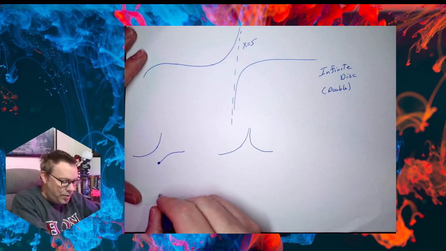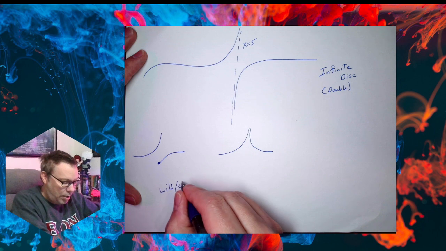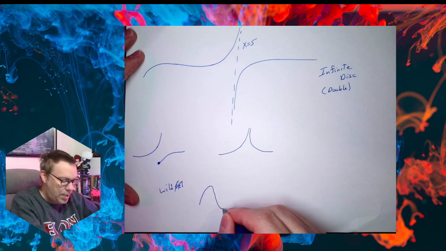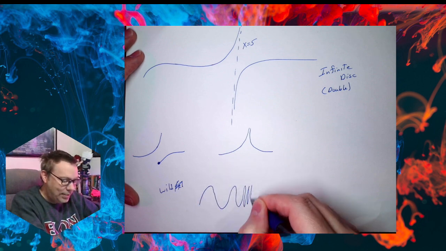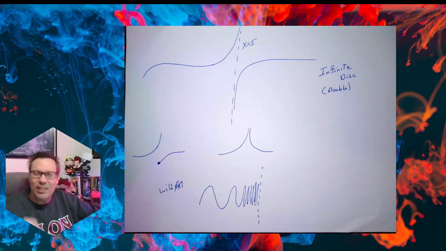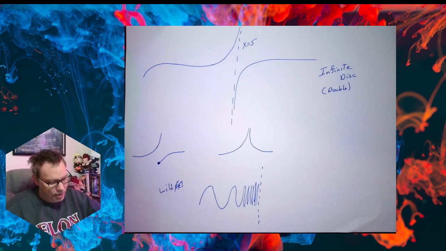So here's something that I'll just call a wild discontinuity. I was going to call it a chaotic one. So that's a curve that comes in and then violently oscillates and never really gets to the line, but just keeps going up and down faster and faster. And this is a wild discontinuity.